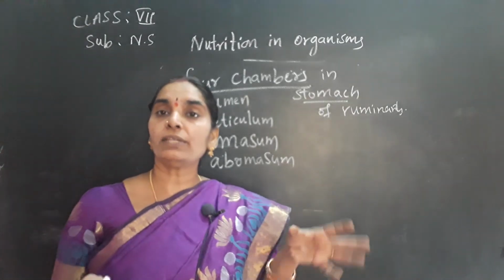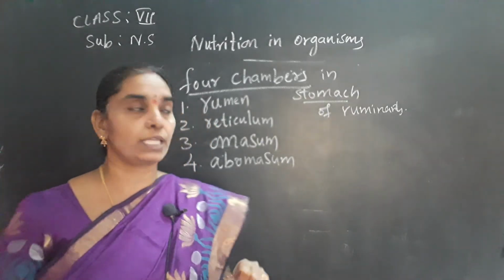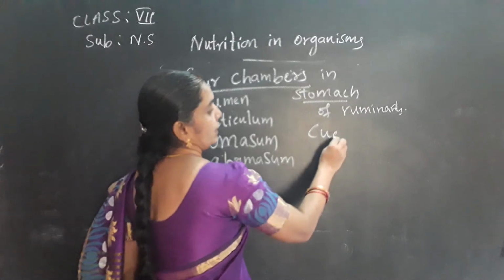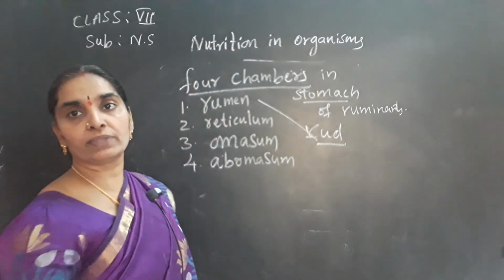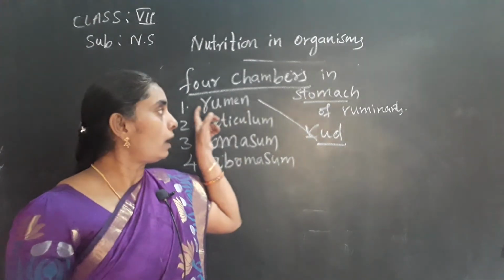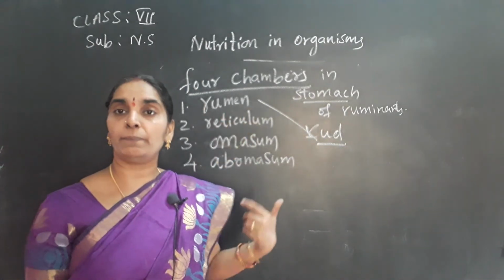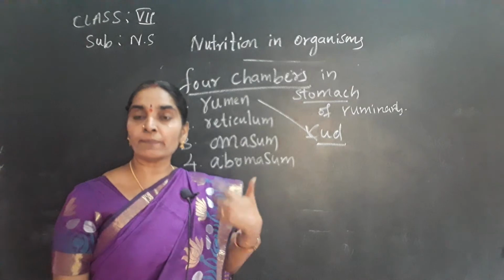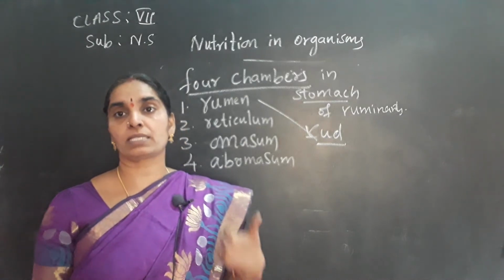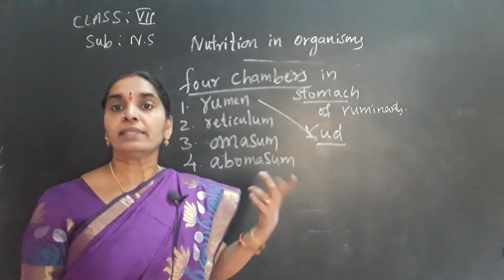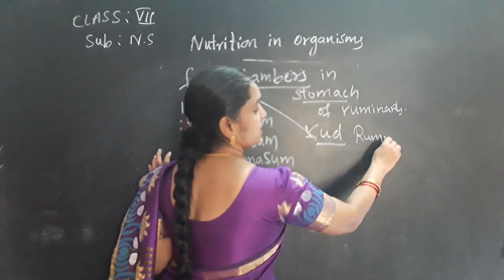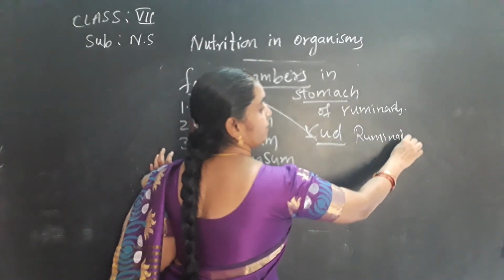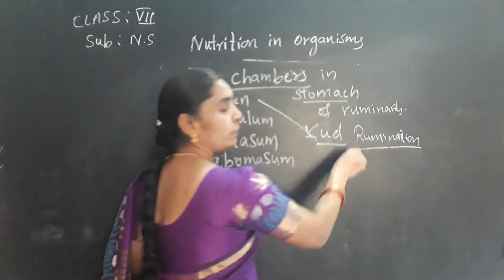Later, after the formation of the cud in the stomach, CUD, cud, the animal brings back the cud from the rumen to the mouth and chews it again. This process is called rumination. Hence these animals which eat grass are called ruminants.